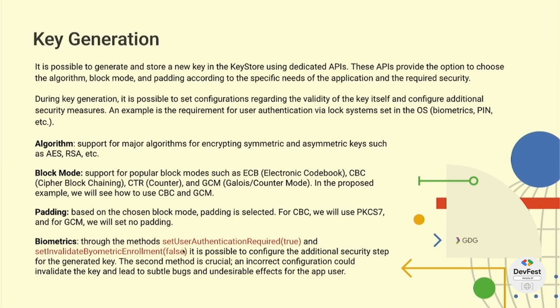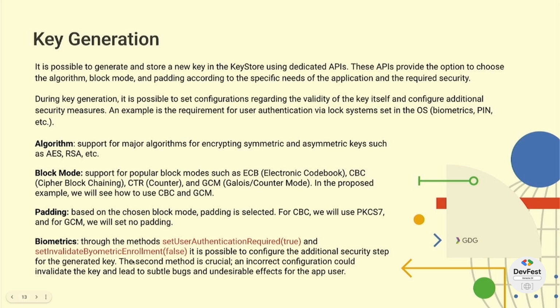The first one is telling us, okay, I need authentication of the user before doing something with this key. And the second one is the most important because it's really dangerous. If you leave it without expressing some preference, the default value is true for this flag, set invalidate biometric enrollment.